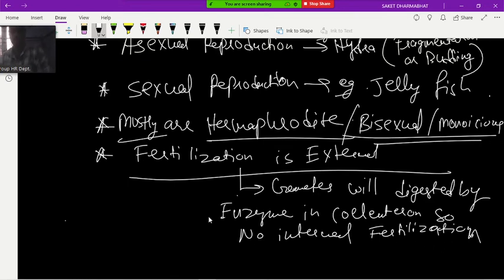Gametes would be digested by enzymes in the coelenteron. In the gastrovascular cavity, enzymes are there, so they will digest the gametes. That's why here you will never see internal fertilization. Only external fertilization.